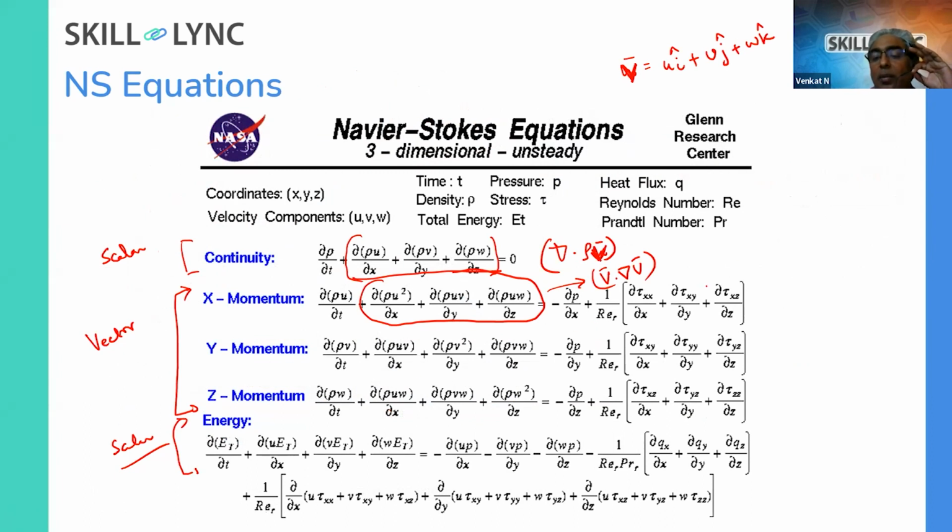And these are all nothing but the viscous stresses, tau xx, tau xy, tau xz, and all. And for a Newtonian fluid, they are functions of viscosity and velocity gradients, and they will become simplified.